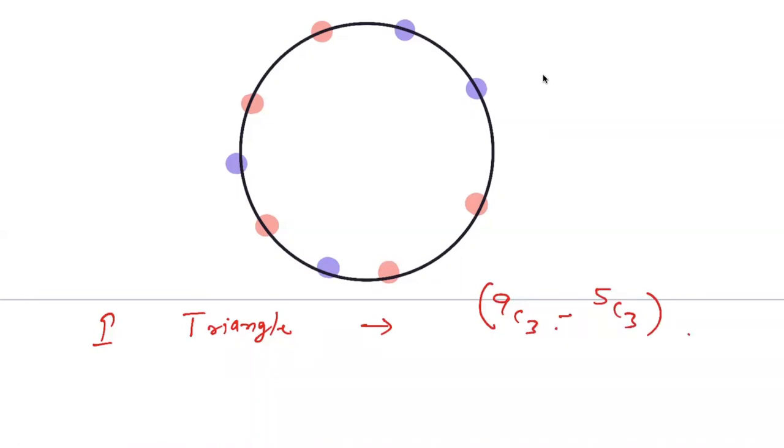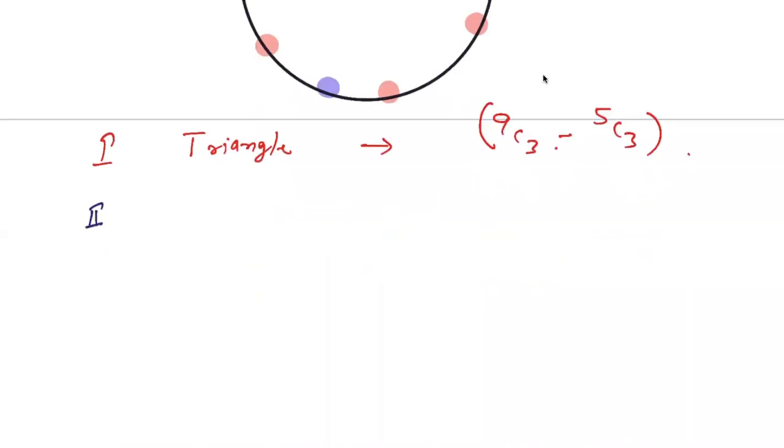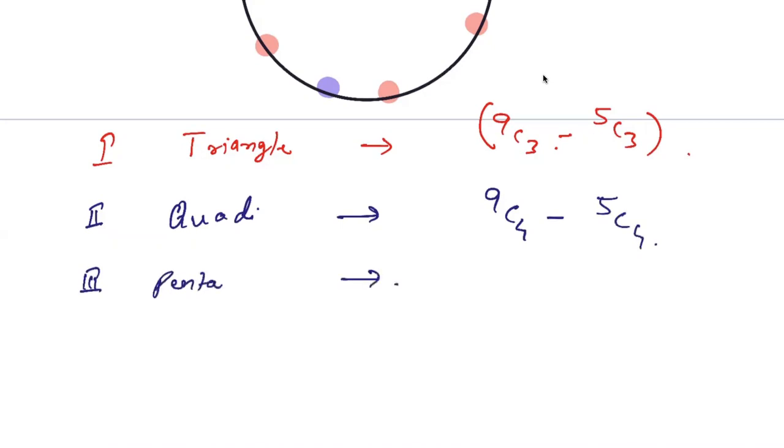Case 2, after the triangle, I'm going for a quadrilateral. Quadrilateral again 9C4. Out of 9, I'm selecting 4. But one case is there where all the points are red, and from those 5 red points only I'm selecting 4, so I'm not getting anything from there, right? Pentagon, it will be again 9C5 minus 5C5. But after this, we don't have that for the hexagon, because only 5 red points are given.